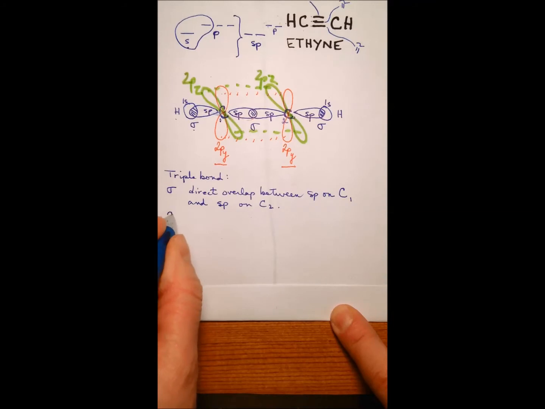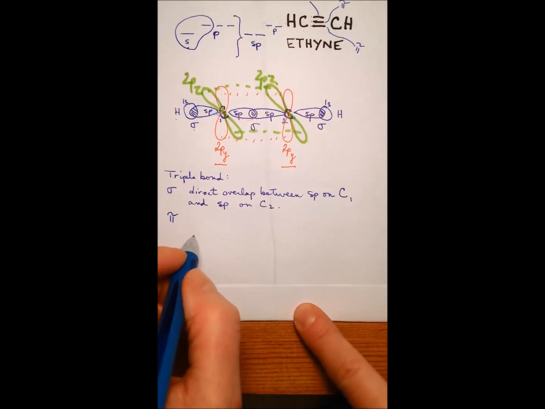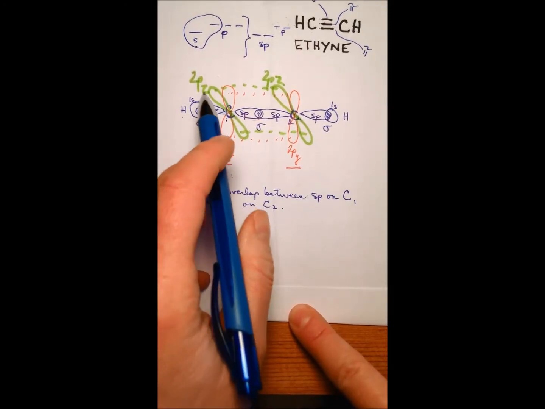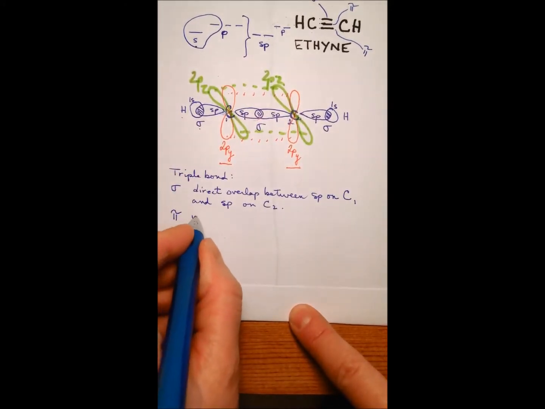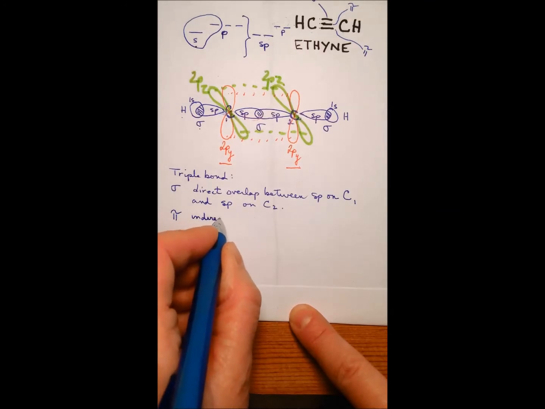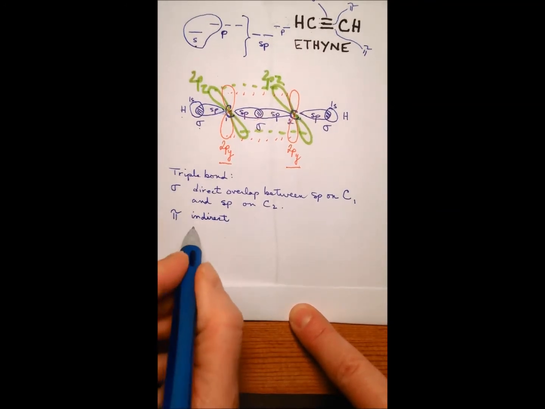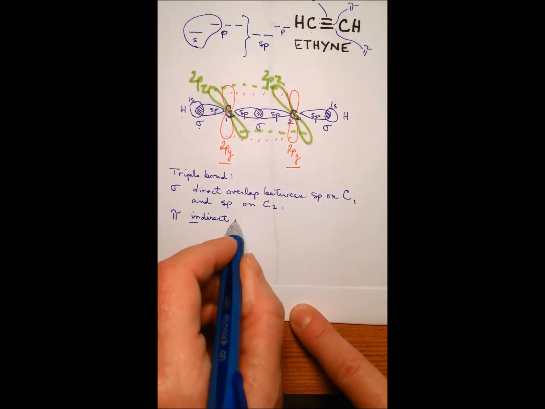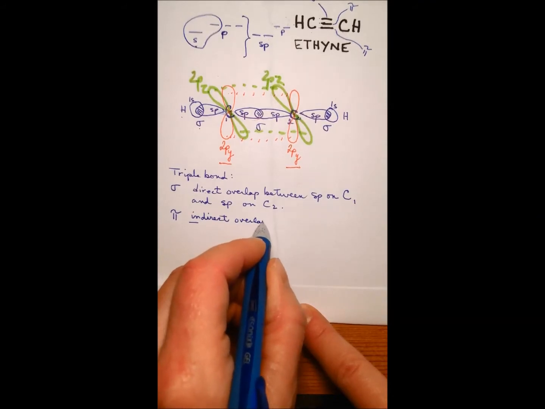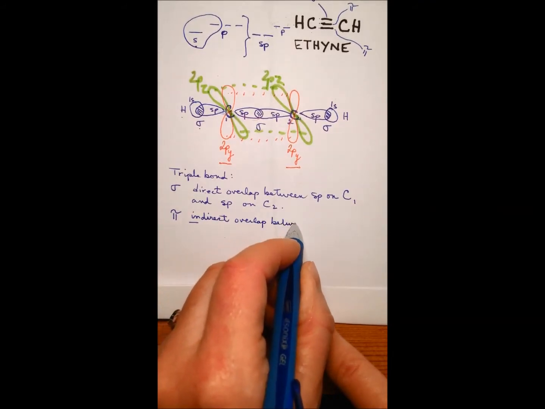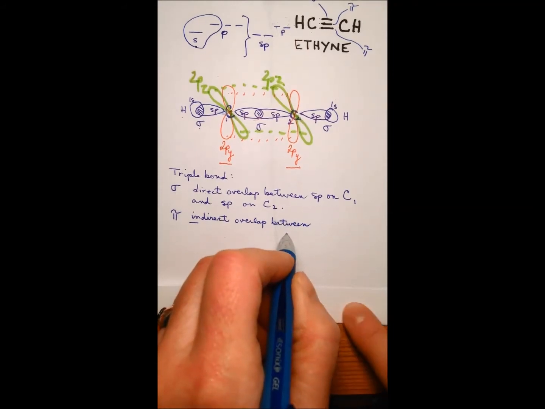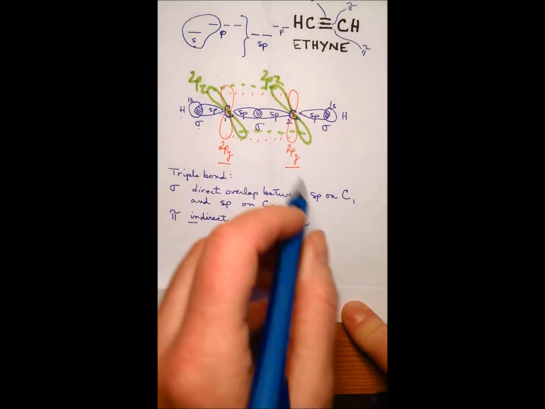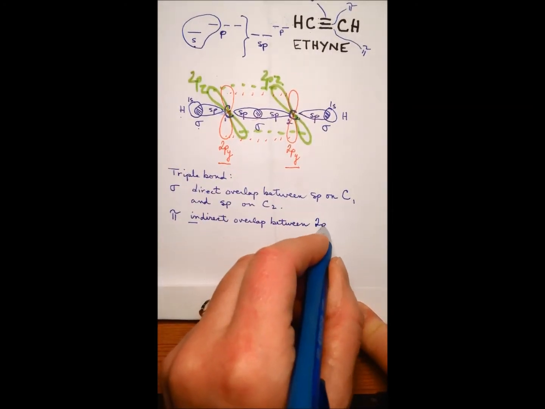Now the first pi bond, we can do the Z first or the Y first, but let's just follow convention. We'll do the Y first. This is an indirect overlap. So that first word is really very important. So sigma direct, pi indirect. And it's an indirect overlap between, it's always between because it's always between two players. Indirect overlap between, so match up the letters, 2py.